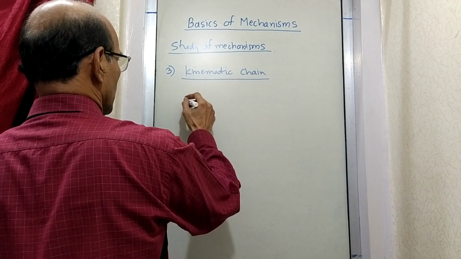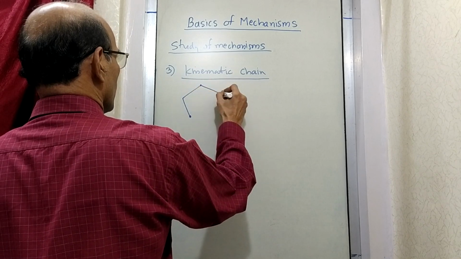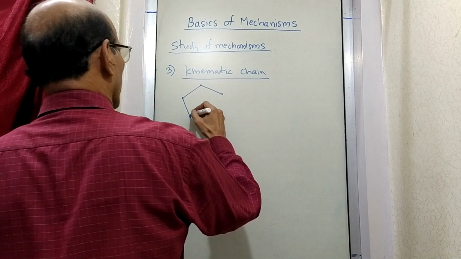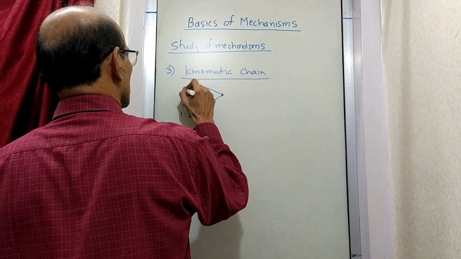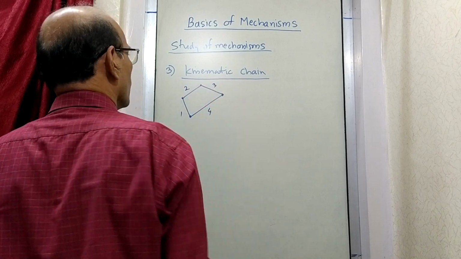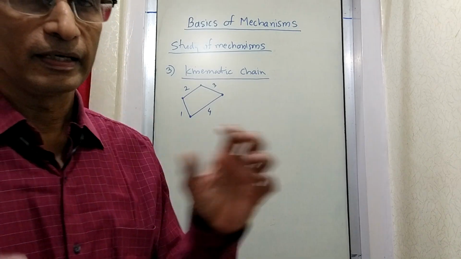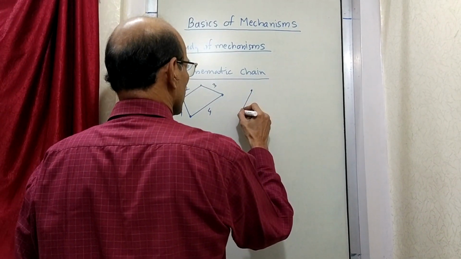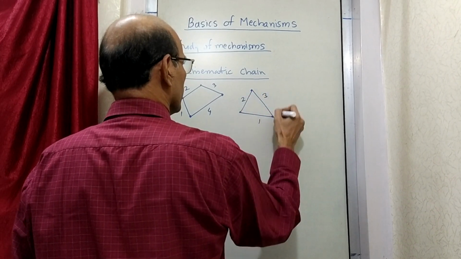So see, I will draw a kinematic chain like this. One, two, three, four. There are 4 links connected, and then they can move. Now suppose I connect like this, 1, 2 and 3.